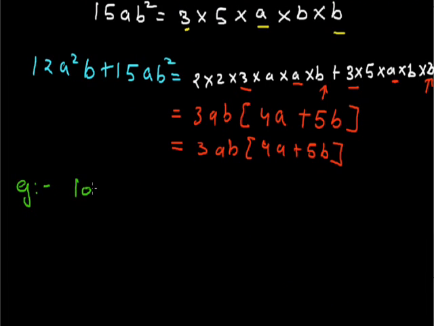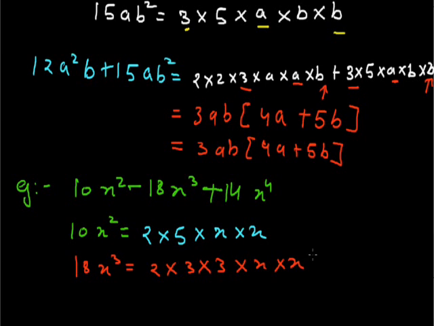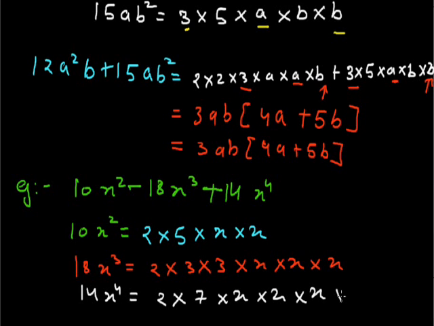Next, to factorize 10x square minus 18x cube plus 14x power 4. 10x square can be written as 2 into 5 into x into x. 18x cube can be written as 2 into 3 into 3 into x into x into x. 14x power 4 can be written as 2 into 7 into x into x into x into x.